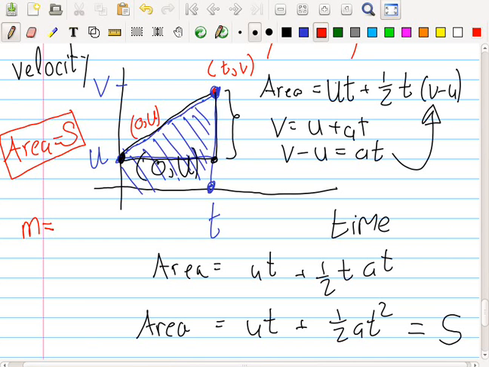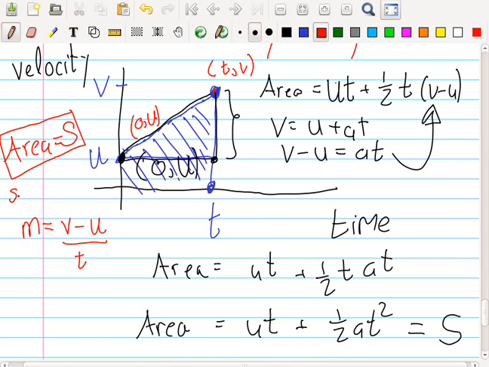Remember the formula? y2 minus y1 over x2 minus x1. So V minus U over T minus 0, so that's T. Does this look familiar? If you go back to last class, this is the definition for A, acceleration. So now we have a second result.